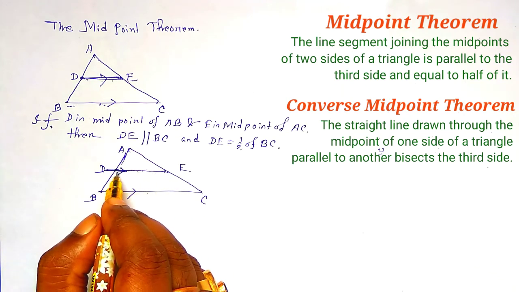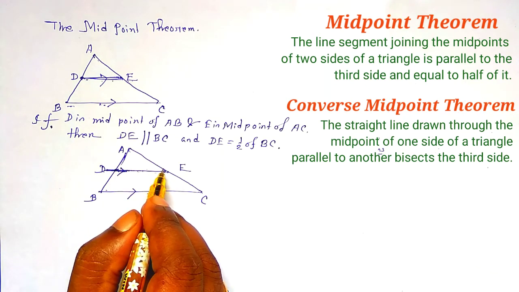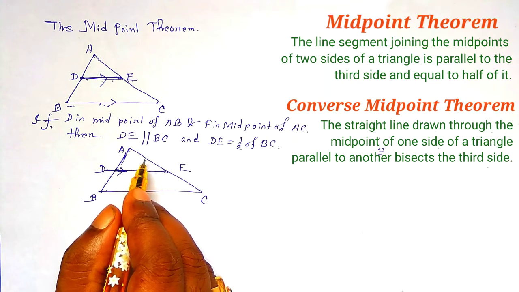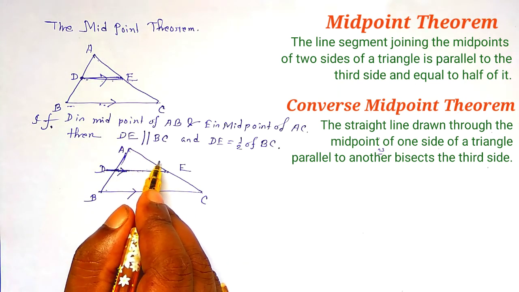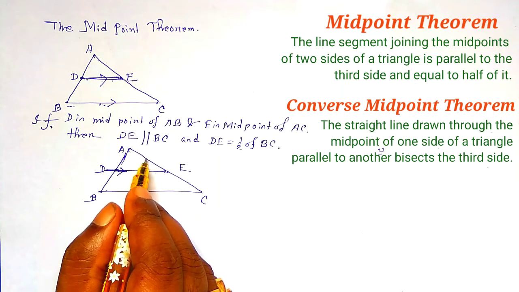Means it touches the midpoint of AC, or you can say this line bisects AC.